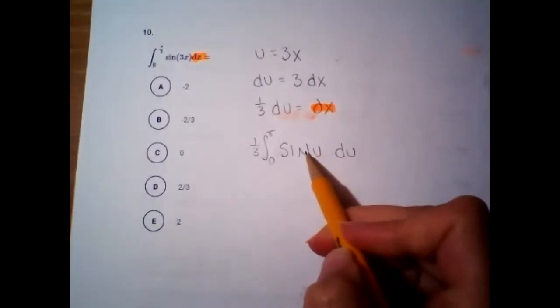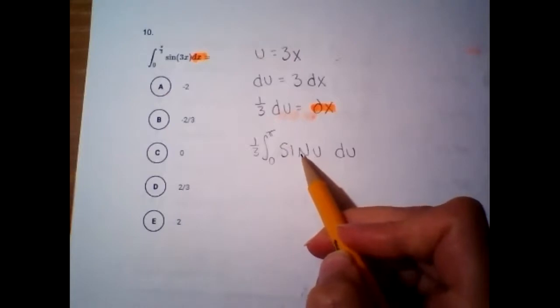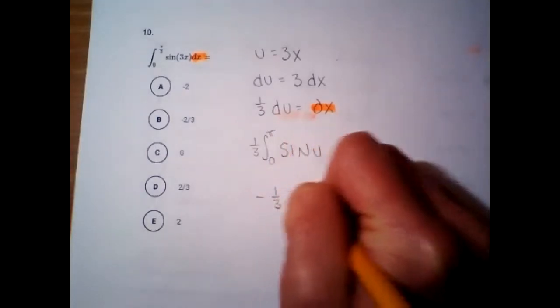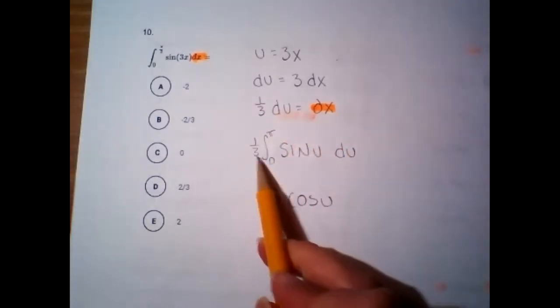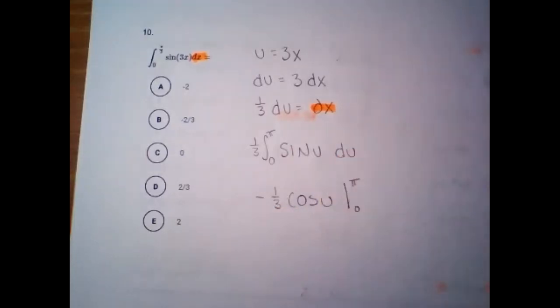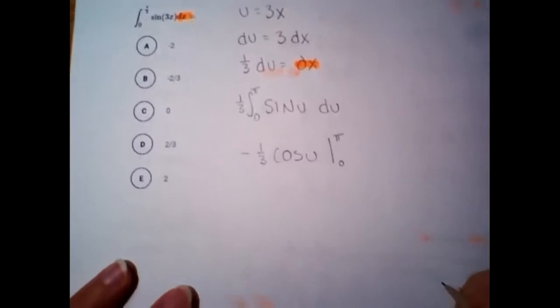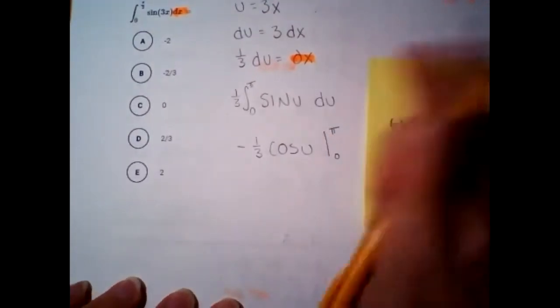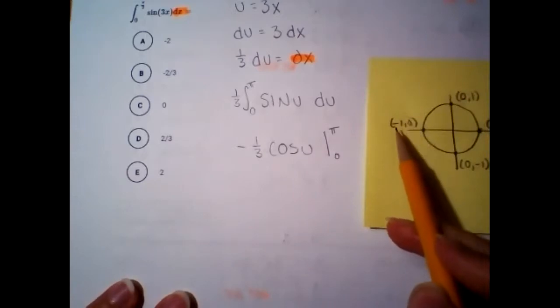So I need an antiderivative for sine. I need a function that if I did the derivative, I would get sine. And that is going to be negative cosine. So I get negative 1/3 cosine of u from 0 to pi. So plugging in pi, pull out my unit circle again. Here's pi. Cosine is the x value, so that's going to be negative 1.